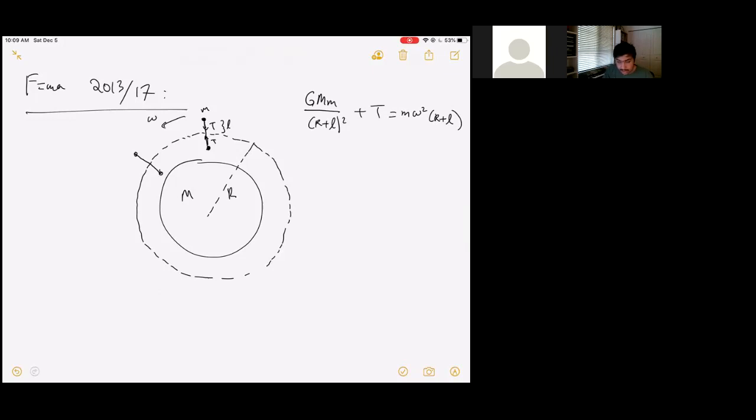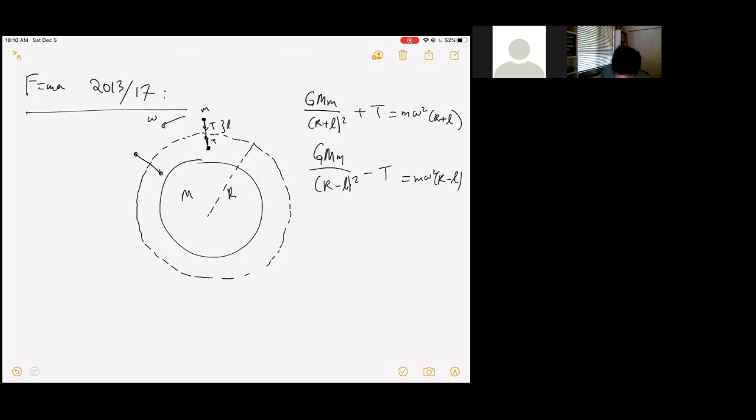The second thing is the centripetal acceleration, m omega squared (r plus L). Similarly, for the bottom mass we get GMm over (r minus L) squared, minus T, equals m omega squared (r minus L). So from here, the question is whether T is positive or T is negative.